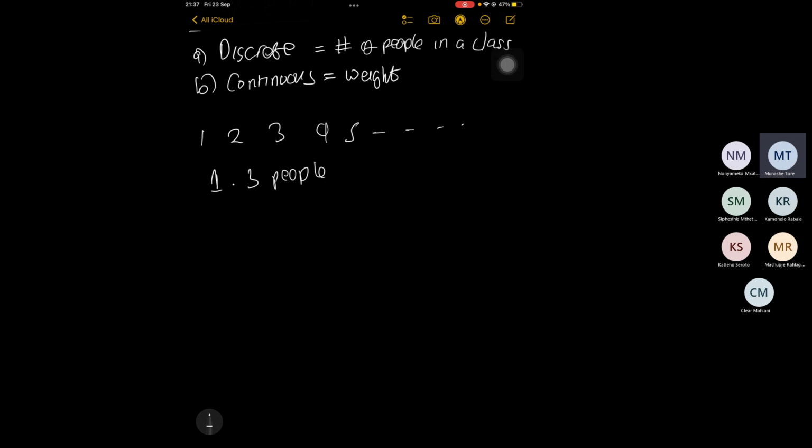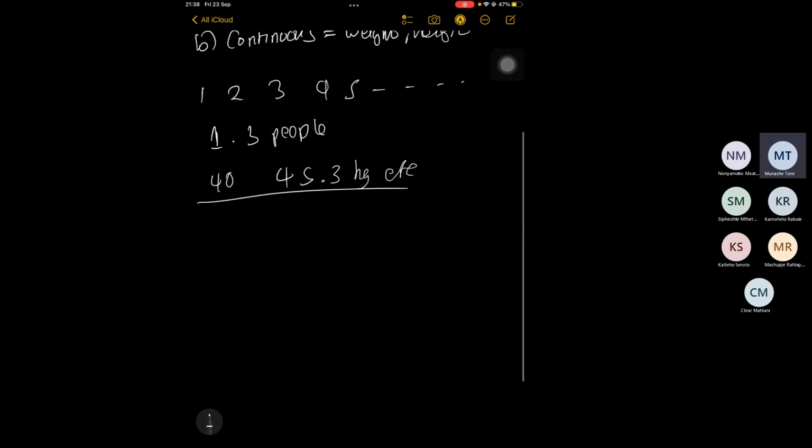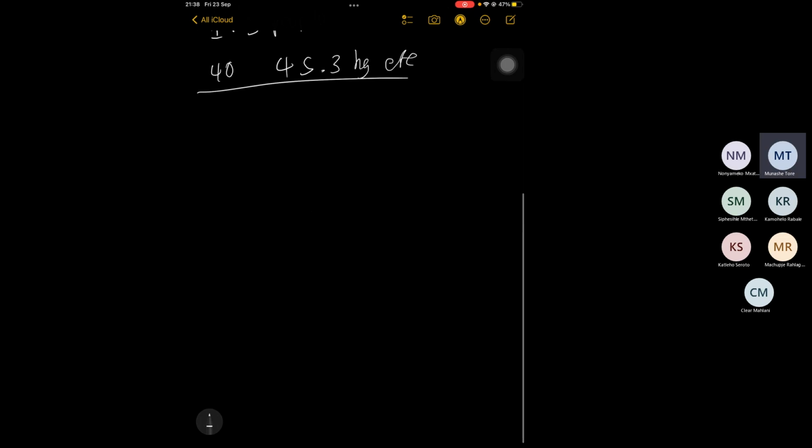So this is literally the aspect of a variable being discrete. Then for continuous, it can have those intermediate values. Like for weight, someone can weigh 40 kgs, someone can weigh 45.3 kgs, etc. Or even height also. Height is a continuous random variable. So that's what it means.